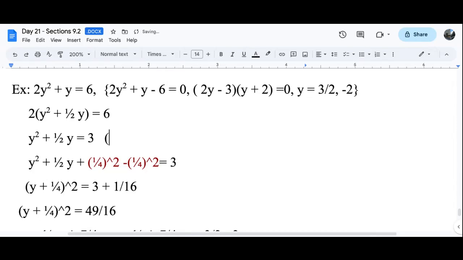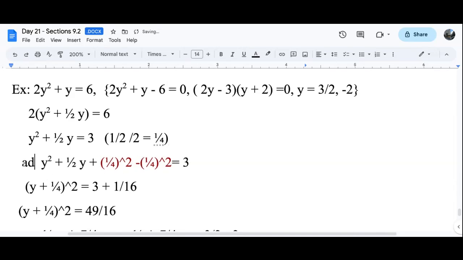Now, again, we take the number before the variable, which is half. Then half divided by 2, which is 1/4. All right, so that's our B.